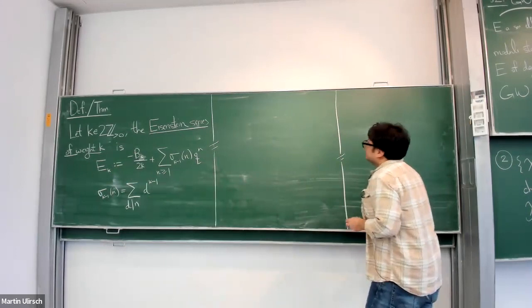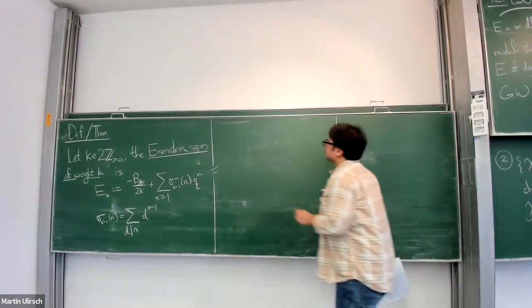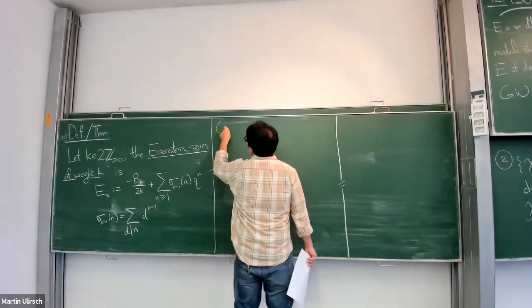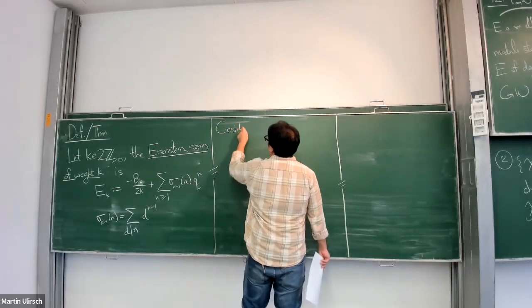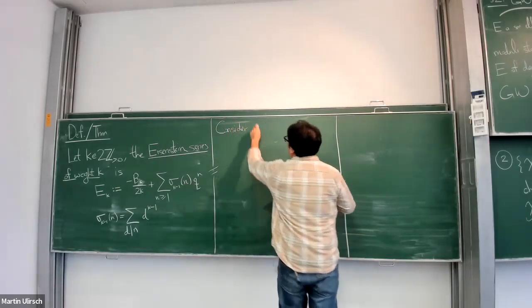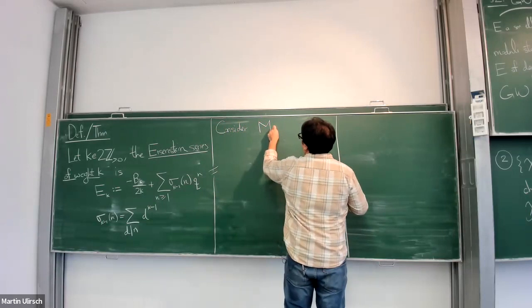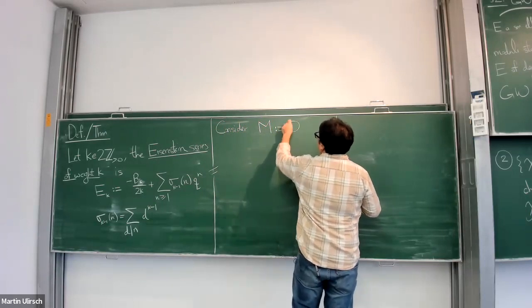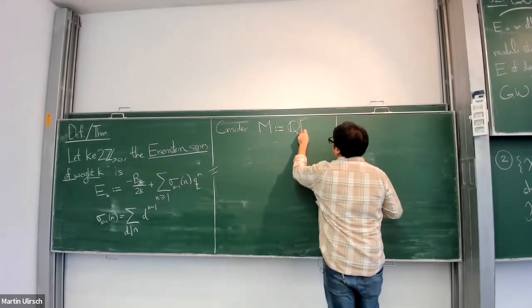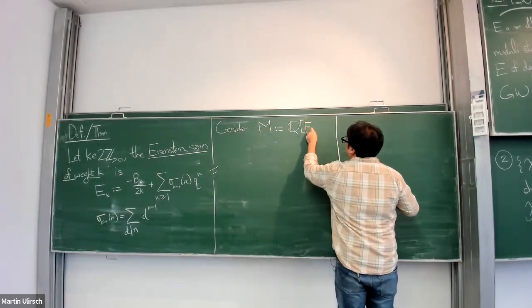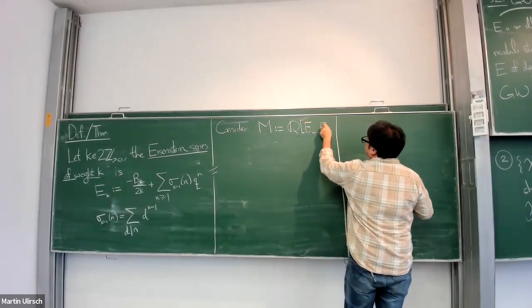Good. So now consider the following polynomial ring. I'll call this M, which is the polynomial ring in E4 and E6.